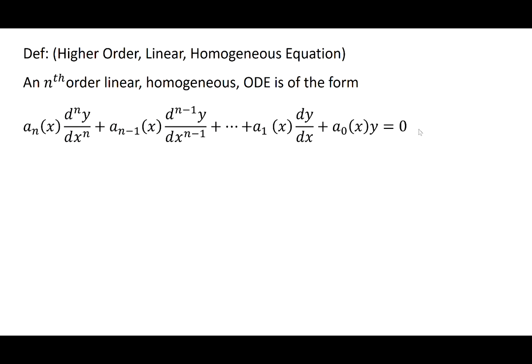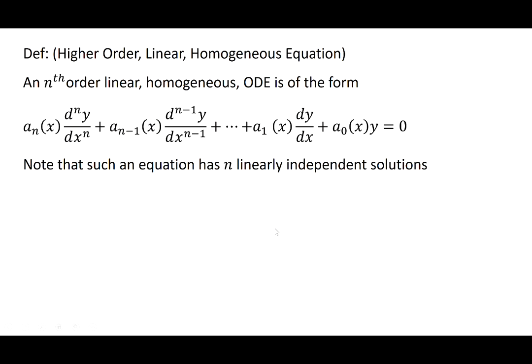And our intention is to solve a linear homogeneous ordinary differential equation of this kind. Now, one of the things that happens with such equations is you will have n linearly independent solutions. Linearly independent solutions.